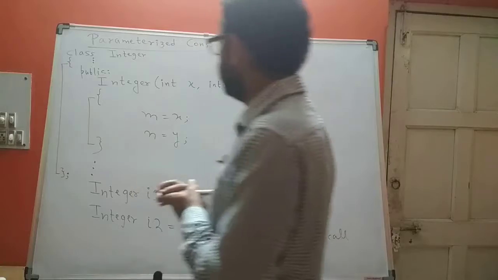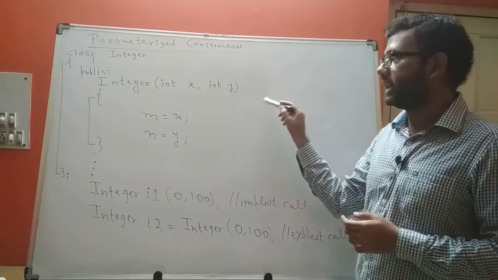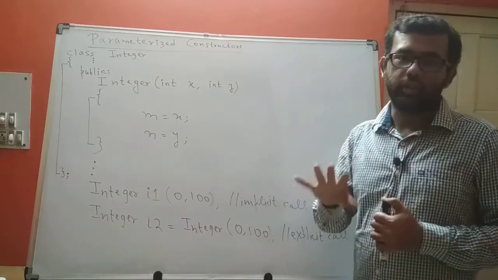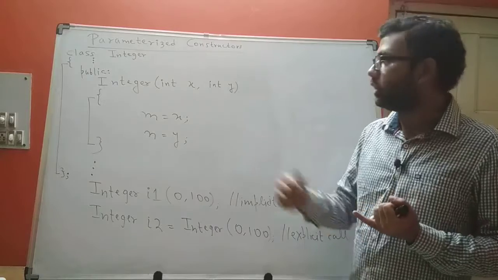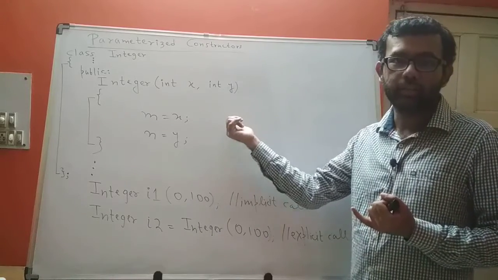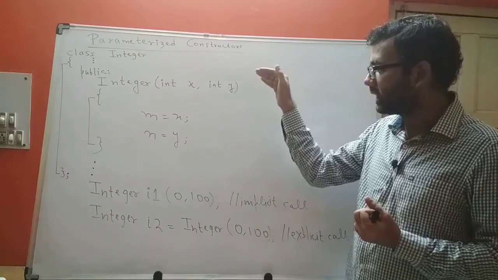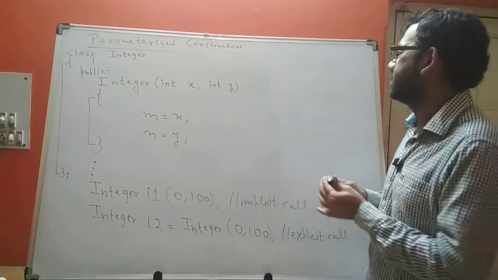Now see, look at this. What I have done is I have defined the constructor this time in the class itself. Such definitions of constructors, whatever be the type of the constructor, whether it be a default constructor or a parameterized constructor as we see here, if the constructor is defined inside the class, such constructors are called inline constructors.